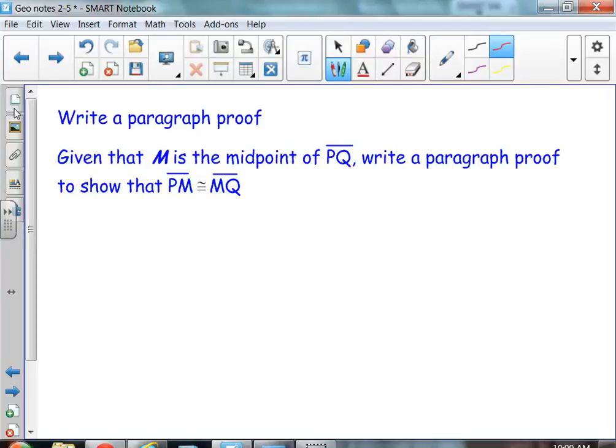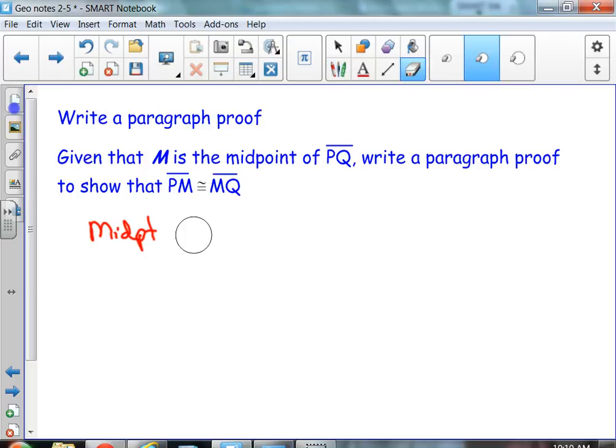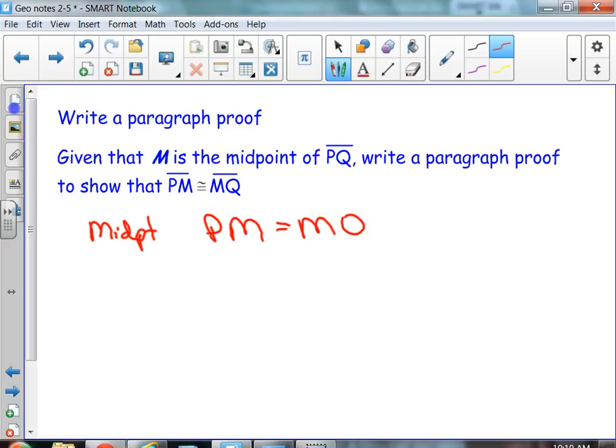So, the midpoint theorem, well, you don't have it yet, but we know that a midpoint divides a line into 2 equal parts, right? So the midpoint will give us PM equal to MQ.